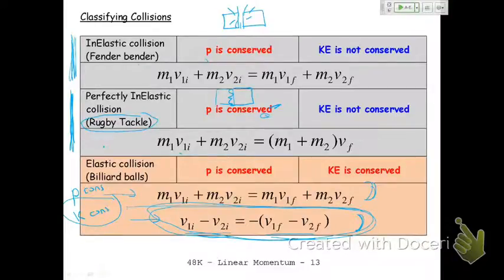This is saying the difference in the velocities before the collision is equal to the negative of the difference in the velocities after the collision.